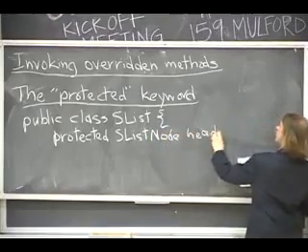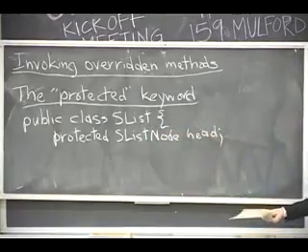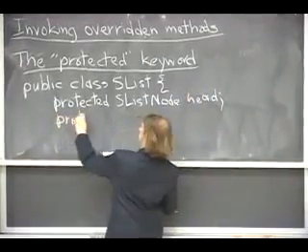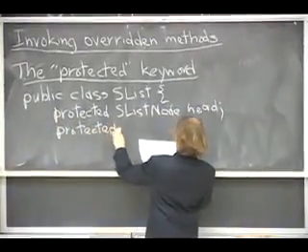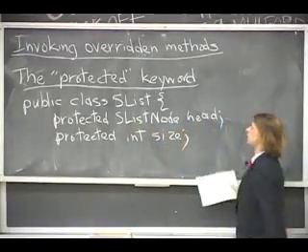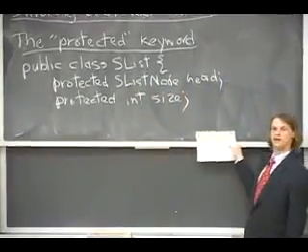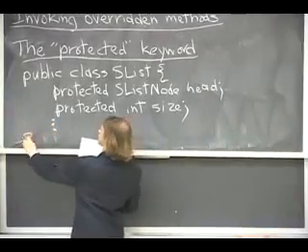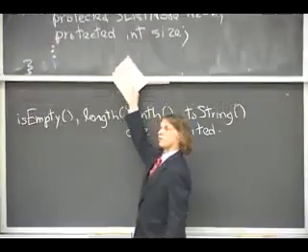Which is really what we should have done in the first place, but we didn't know about the protected keyword until now. So in slist, we have to declare those two fields to be protected. And then we have all the usual method definitions here, and everything else is the same as it was before.